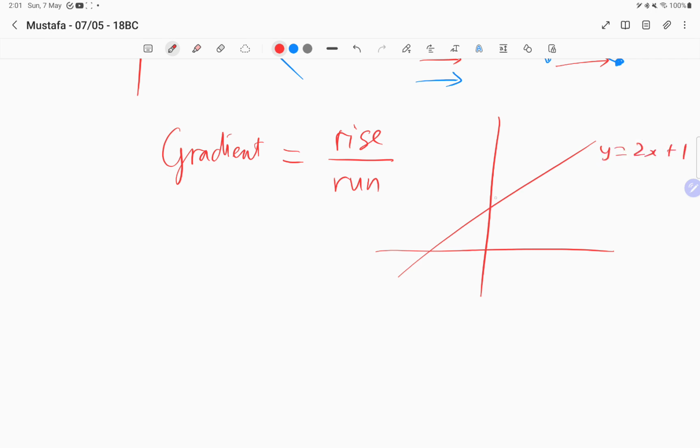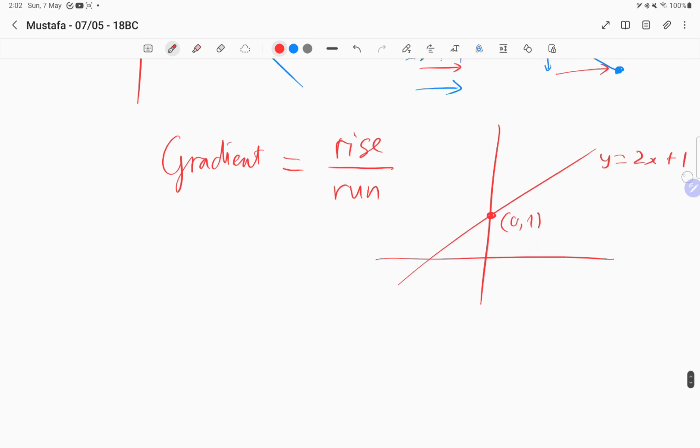Let's substitute to get a few points. When x equals 0, y equals 1, because 2 times 0 is 0, plus 1 is 1.